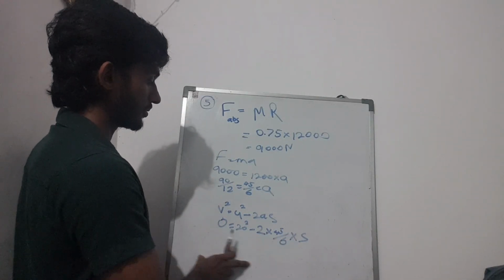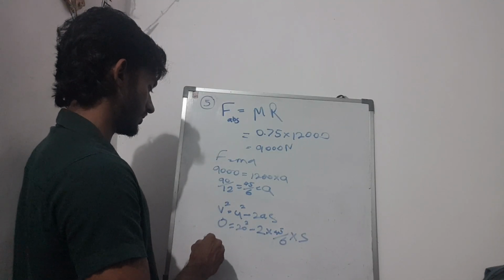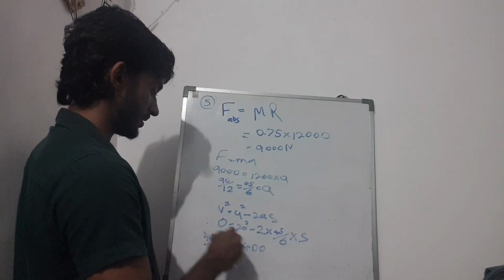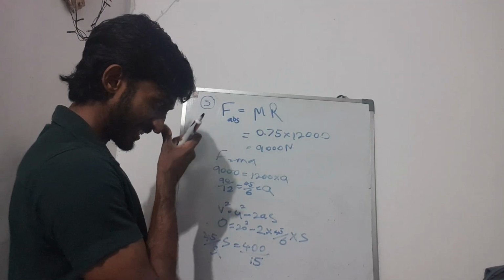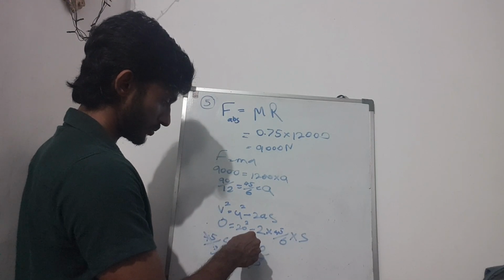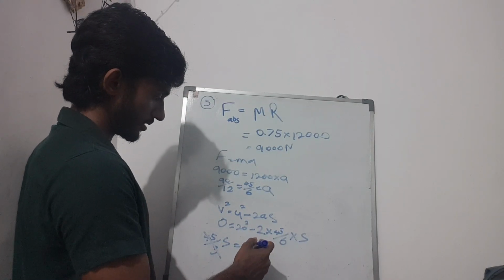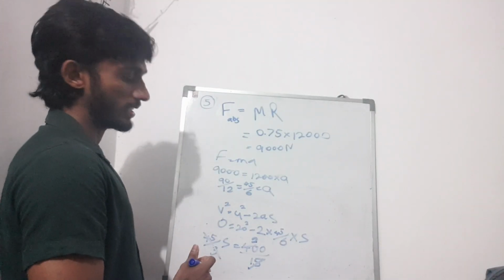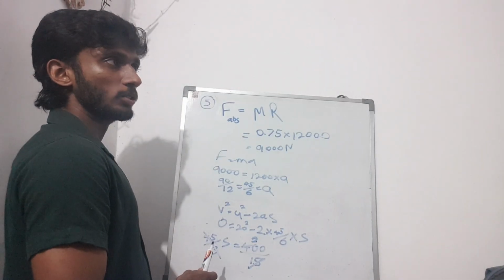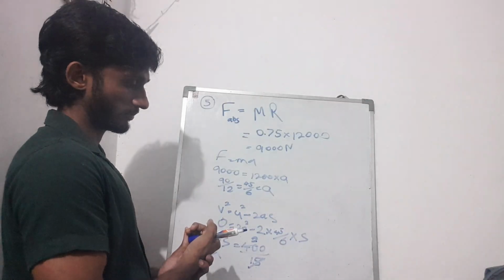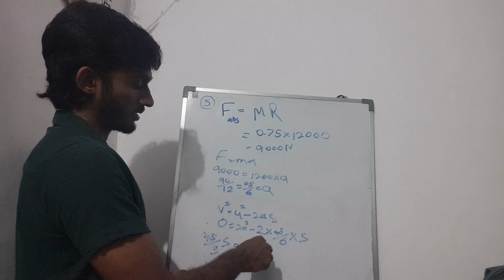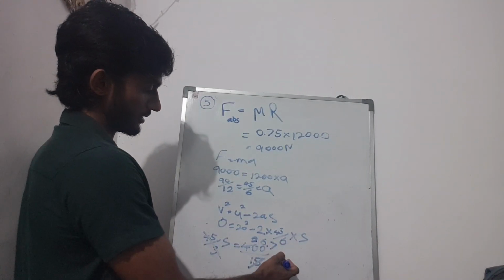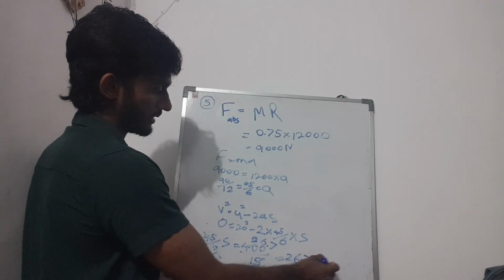Then we take this value to this side. 45 over 3 s equals 400. Then s equals 26.7 meters.